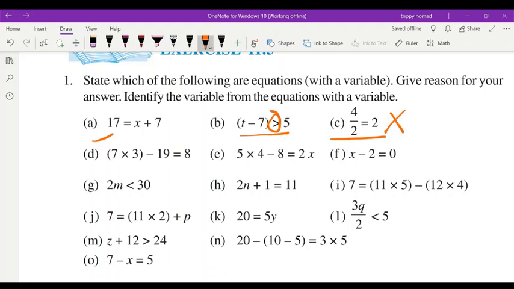And here also no variable is given, because x, y, z, anything whose value is changeable is not given. These are fixed values, constant values, they cannot be changed. Here the x value can be changed, so this is an equation with variable, so this is correct.